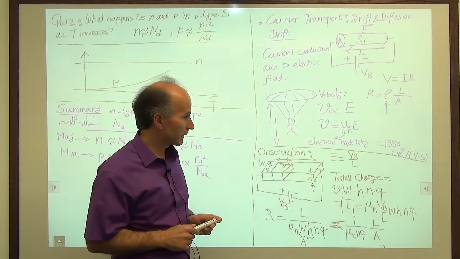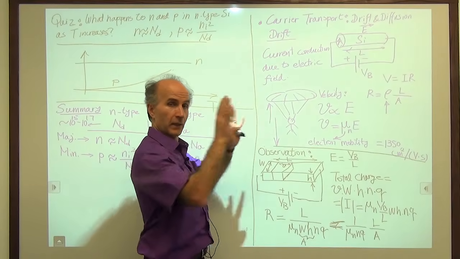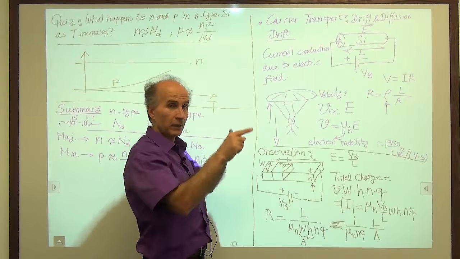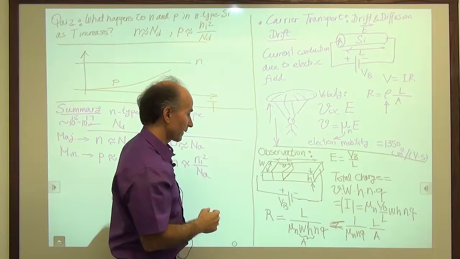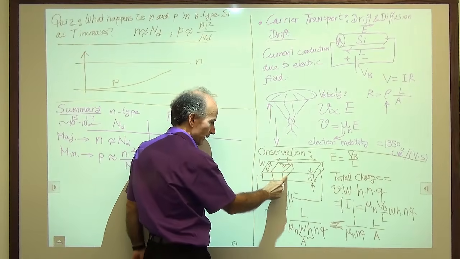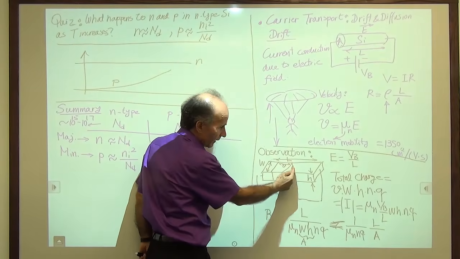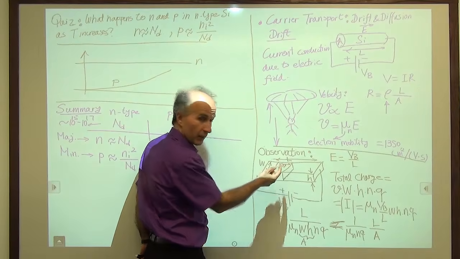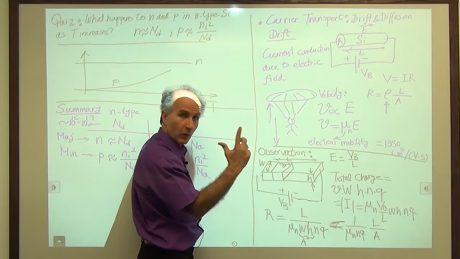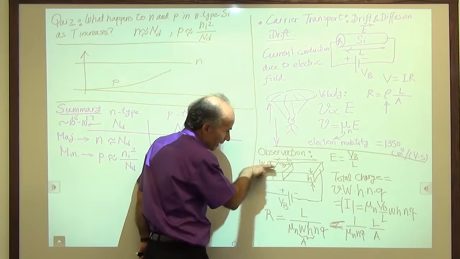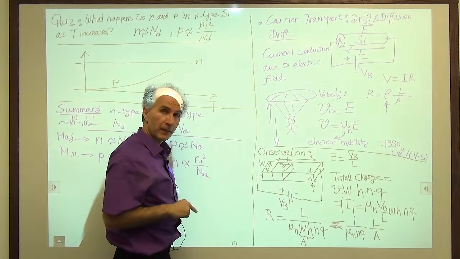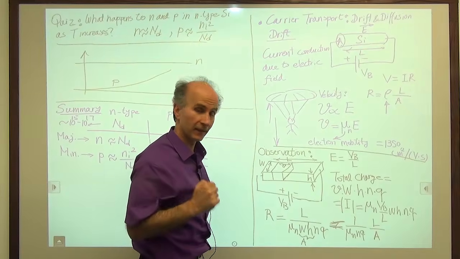Current density means the amount of current that is flowing per unit cross-section area. So rather than consider the total current that passes through this, we just take a unit area, let's say 1 micron by 1 micron, 1 meter by 1 meter, 1 centimeter by 1 centimeter, right? Just a little area here, and see how much current is passing through it. That's what we call the current density.